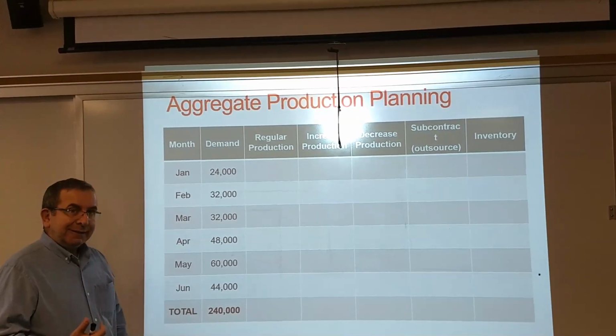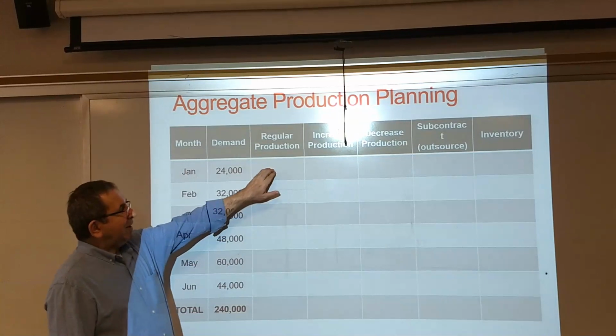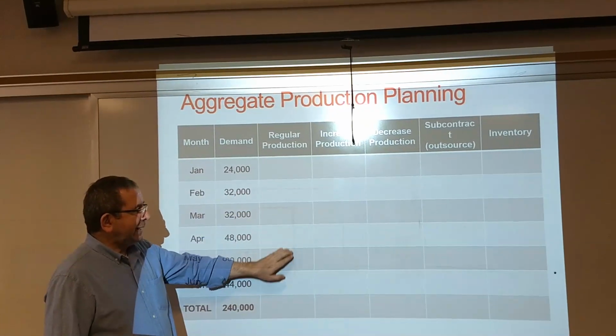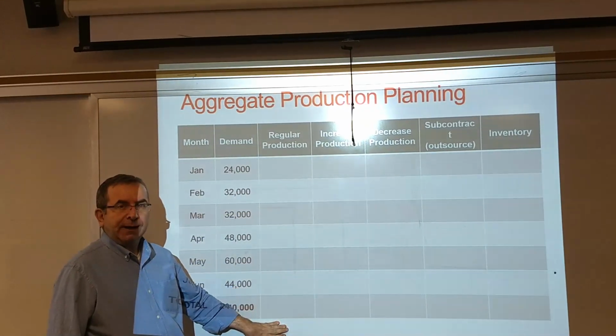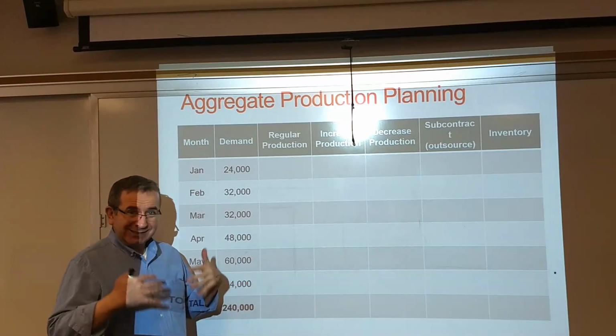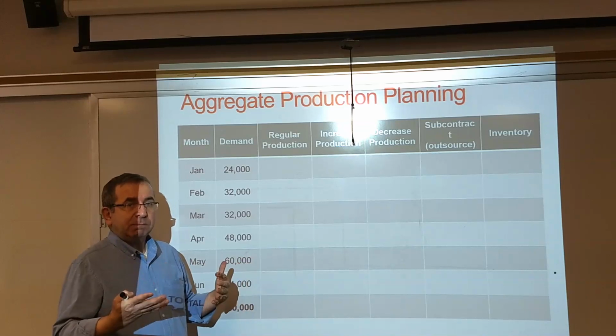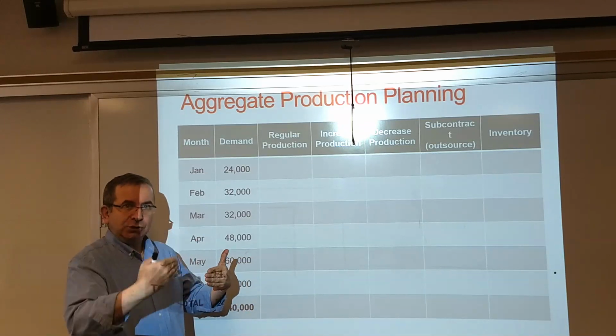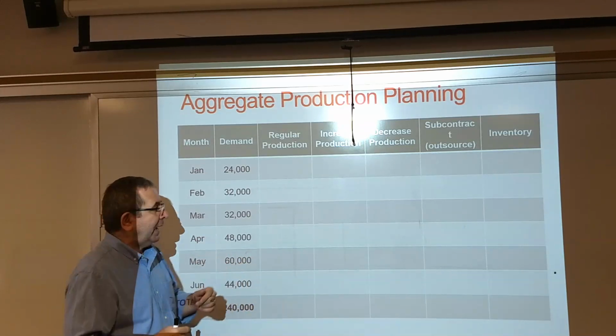Now, production needs to decide how much to produce in each month, okay? Aggregate production plan is, so plan means schedule. Production plan means you need to schedule your production levels, okay?